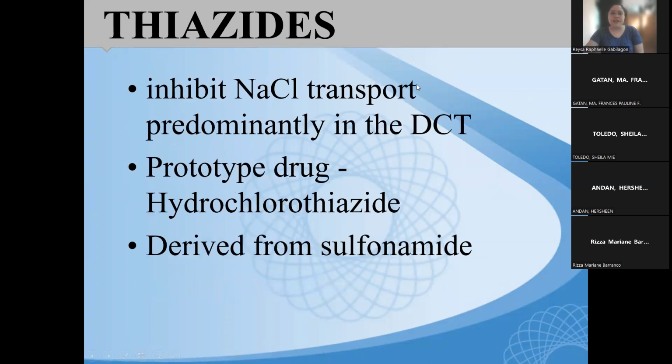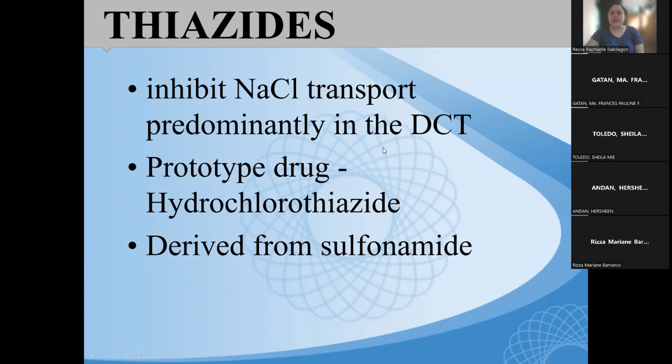And then we ended here with the thiazide diuretics. Their action is on the distal convoluted tubule. Our prototype drug, our first drug discovered as a thiazide diuretic, is hydrochlorothiazide. And they are derived also from sulfonamide.